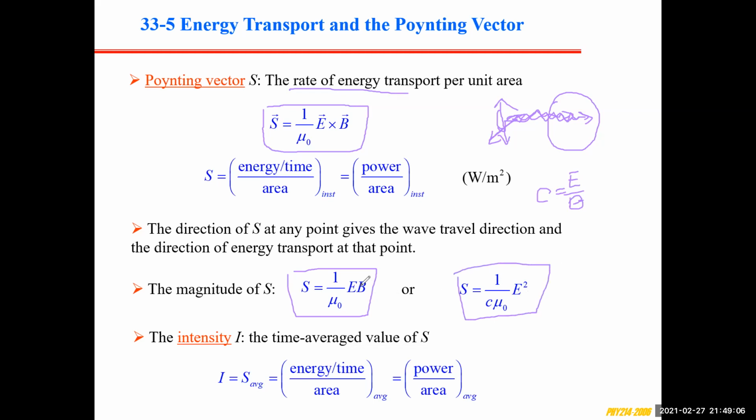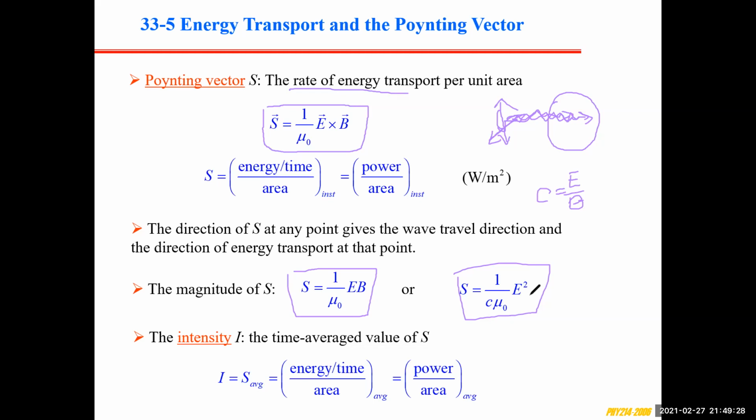Now here, E and B are instantaneous values. It's not the amplitude, okay? So you can see that the rate of energy transfer is a function of time because it is not a fixed value. The electric field is going to change with time, the magnetic field is going to change with time, so when you do the cross product, it is also going to be a function of time.